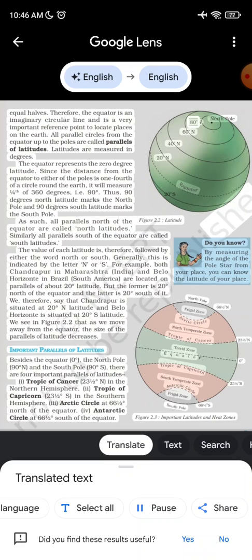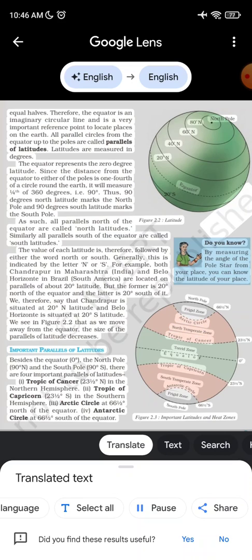80 degrees N, 60 N, 40 N, 20 N, Equator. Do you know? By measuring the angle of the pole star from your place, you can know the latitude of your place. North Pole, 66.5 N. Frigid Zone. Arctic Circle.